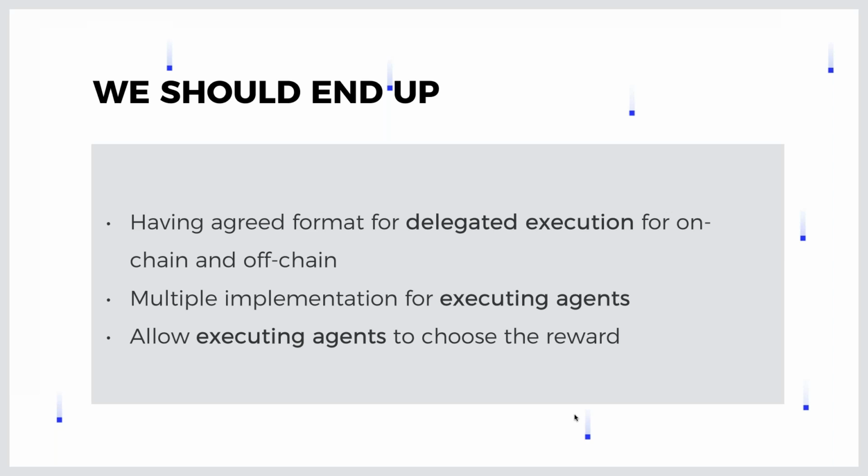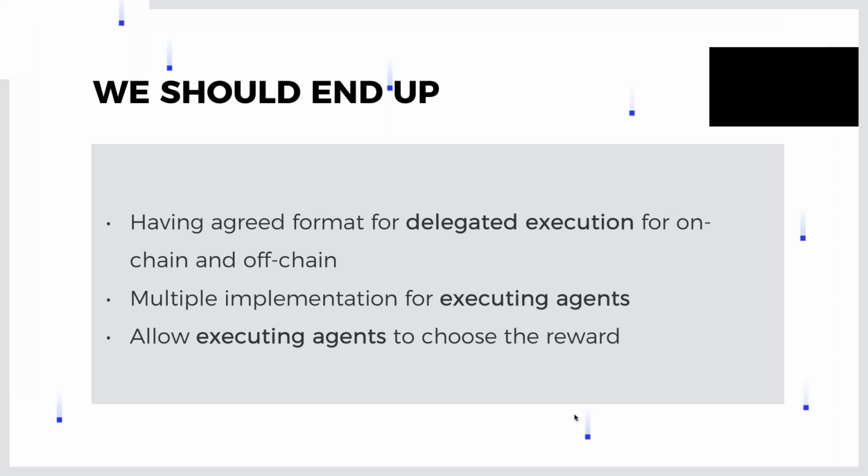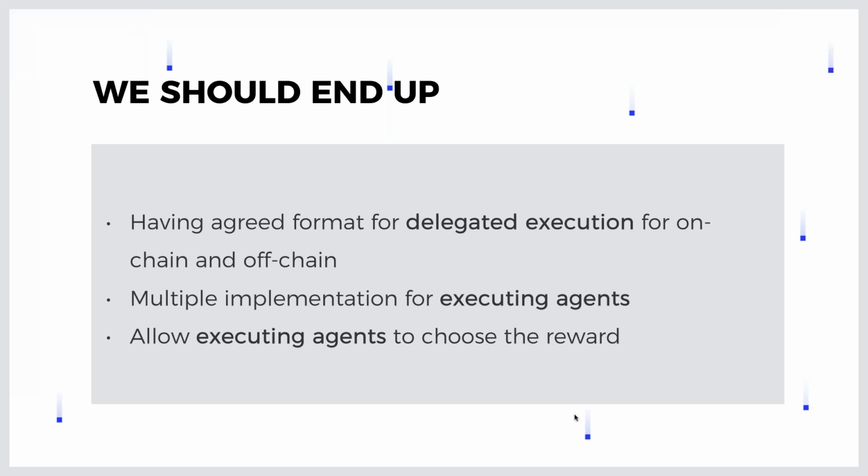So again, how can we end up there? There are a couple of things that we need to take into consideration. First of all, we need to have a common format for the delegated execution, for both on-chain and off-chain solutions, which means that all these execution agents need to understand how to interact with the requests or orders that are available in different ways.